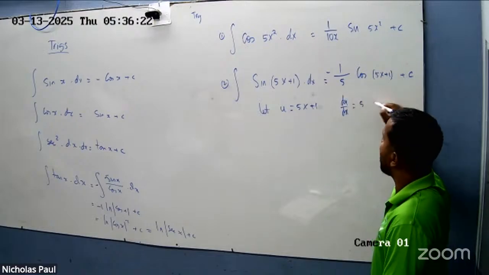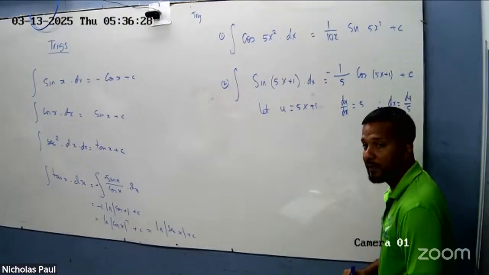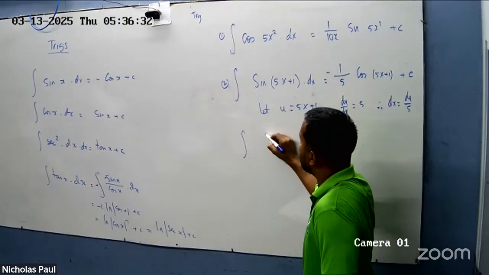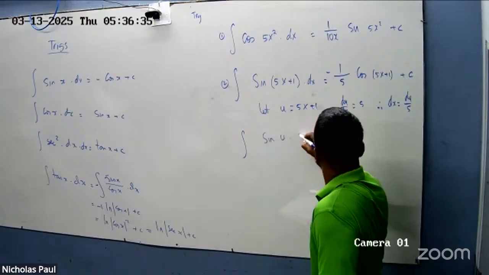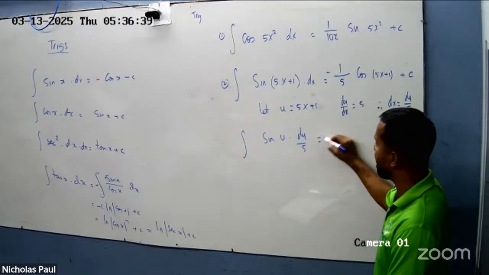So here, if we let u equal to 5x plus 1, then du dx is 5 and dx is equal to du over 5. So when you substitute, you'll get the integral of sine u times du over 5. We can take this 5 and bring it out here.